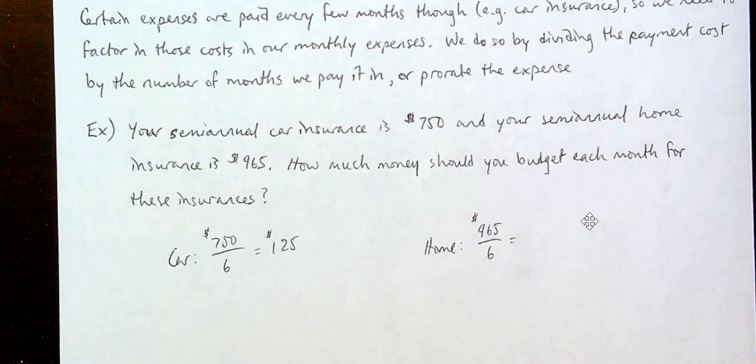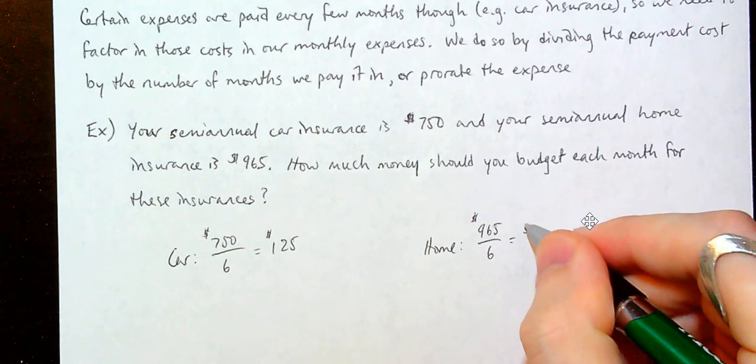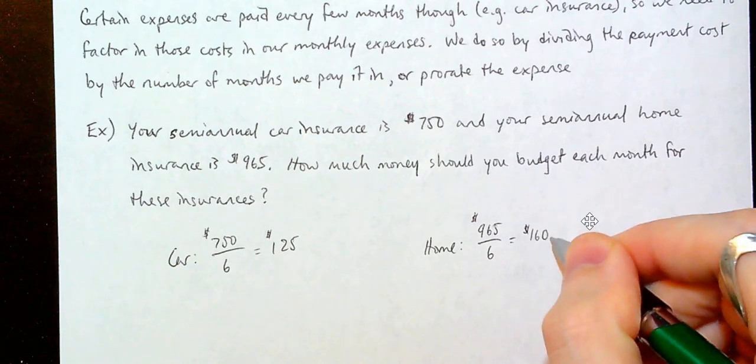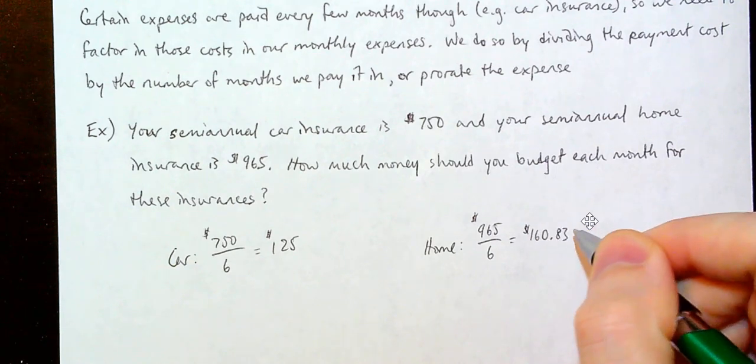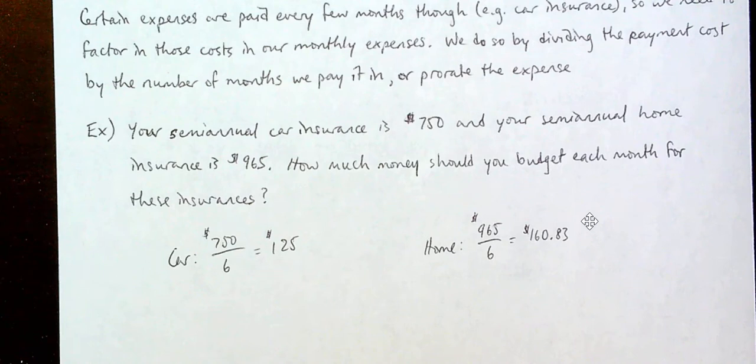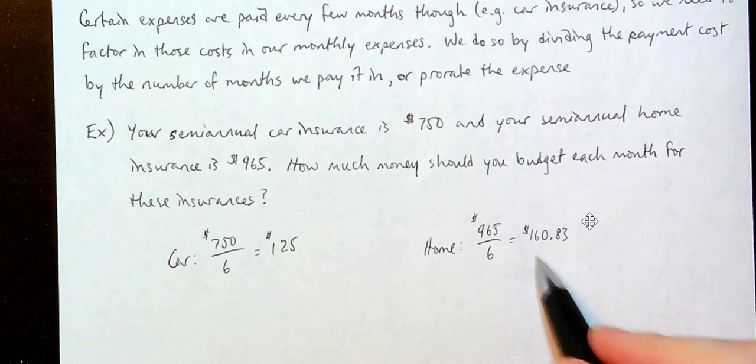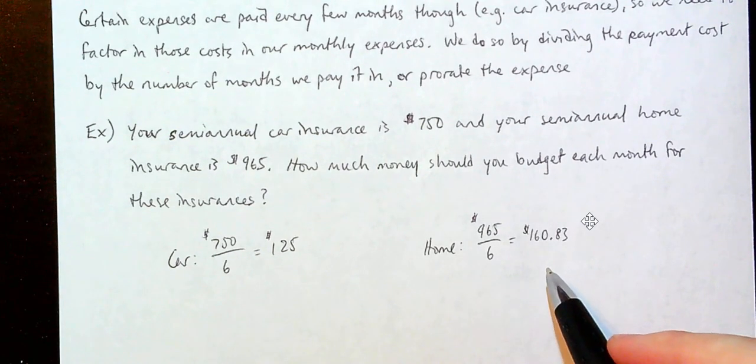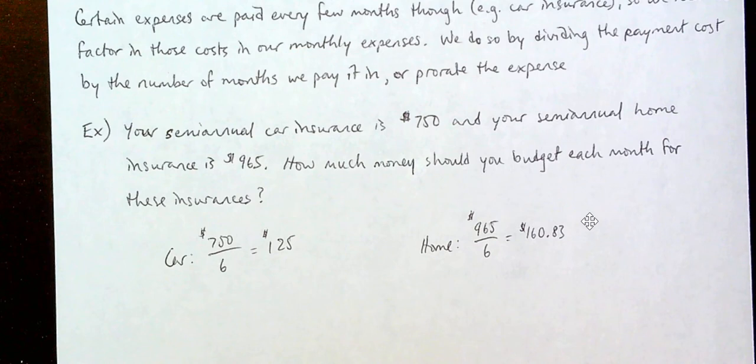965 divided by 6 is going to be a little bit nastier. You get $160.83 when you round it to 2 decimal places. Now, when you do this calculation, you actually get 160.8333333.